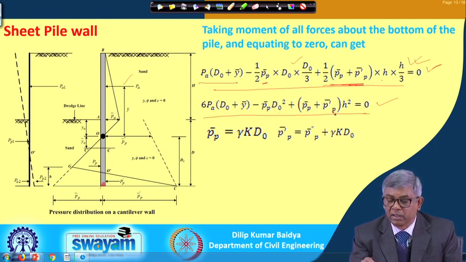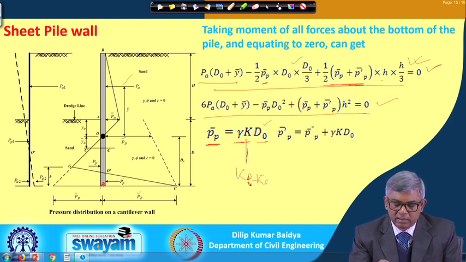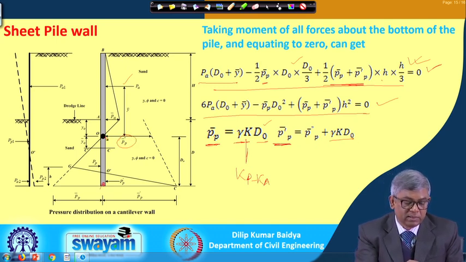Now, p p bar, I can say, is gamma k d naught, where gamma k is k p minus k a. And p p dash bar will be nothing but p p double dash bar plus gamma h k naught. So, p p double dash is this one, you have to find out.